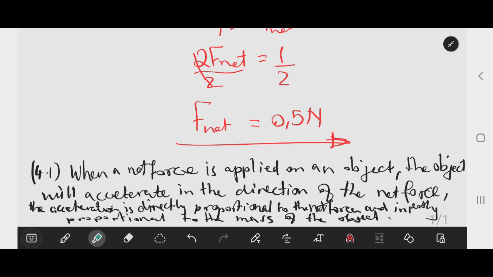So the key terms there is that when a net force is applied, the object will accelerate in the direction of that net force. The acceleration is directly proportional to the net force and inversely proportional to the mass of the object. All right, so that was 4.1.